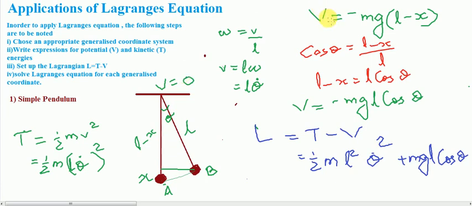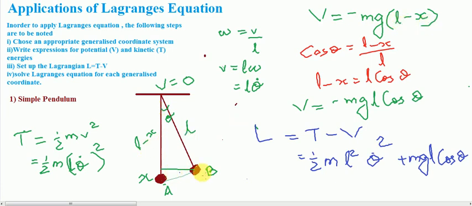What is the expression for potential energy? Mass times acceleration due to gravity times the height. So that is why it is mg times L minus x, with a negative sign. Why the negative sign? Because the potential energy at the point of suspension is selected as 0. So here V equal to minus mg times L minus x.